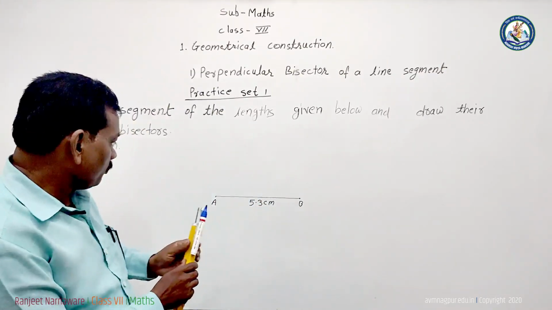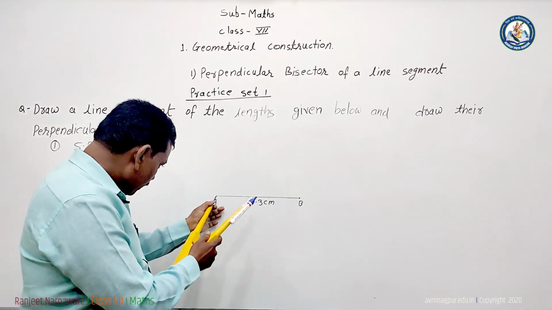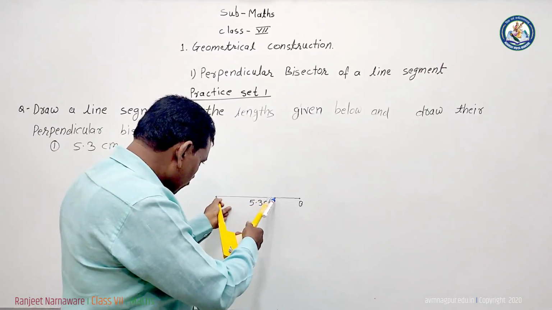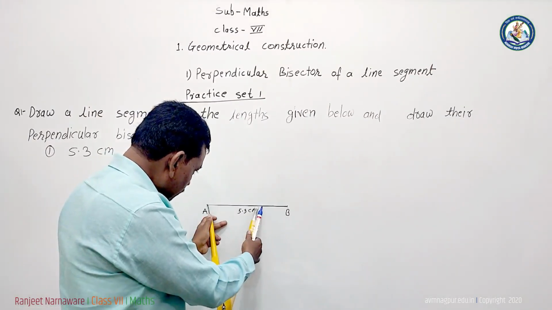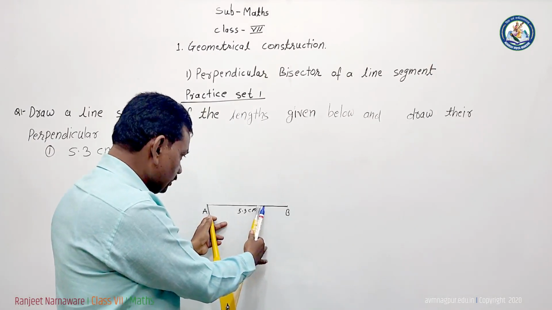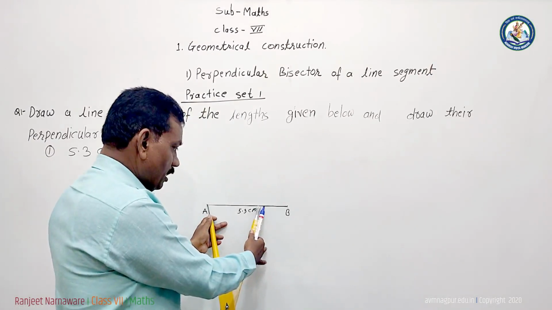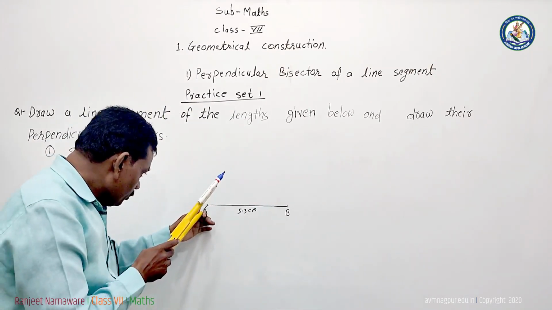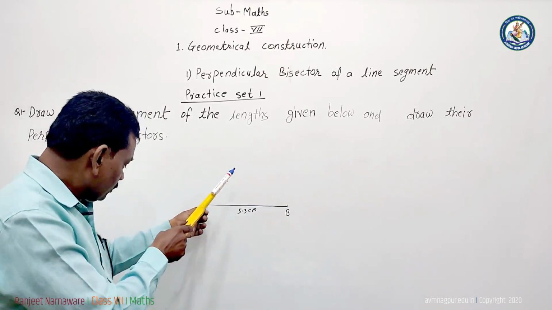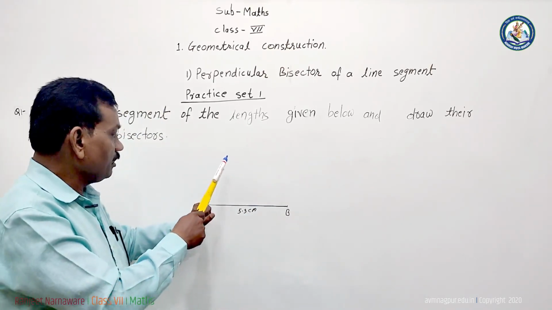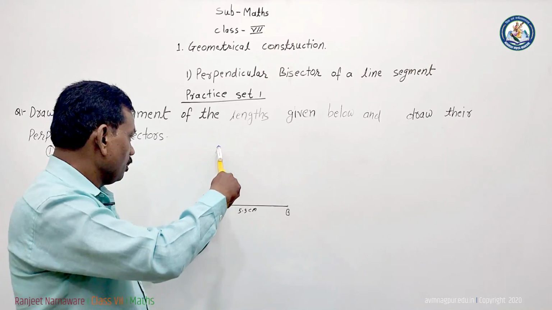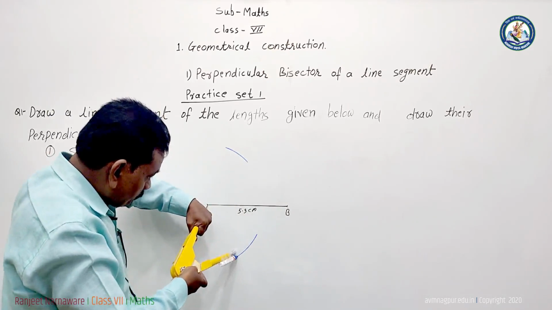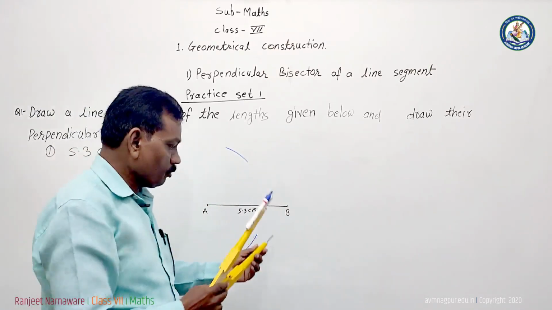Put one end of the compass on point A and take a distance more than half and less than full. Put the compass on point A and then draw an arc above the line segment and below the line segment. Then put it on point B.